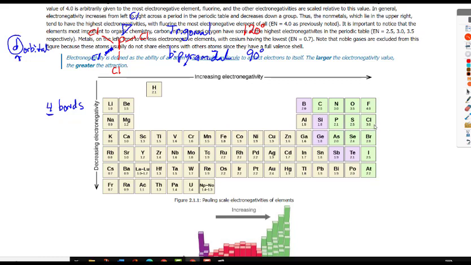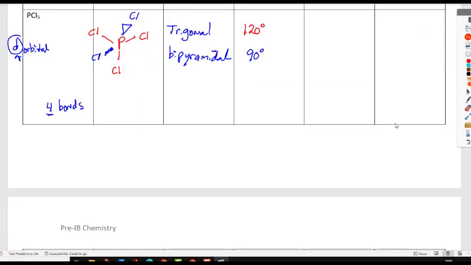But what happens in the structure? Looking at the structure, it's pulling towards the chlorine, it's pulling towards the chlorine. So those all cancel each other out. All of these dipole moments will cancel each other out because of the 3-dimensional shape, making this a nonpolar molecule.